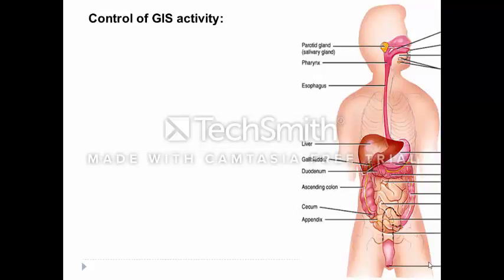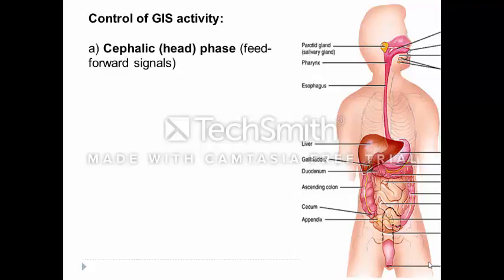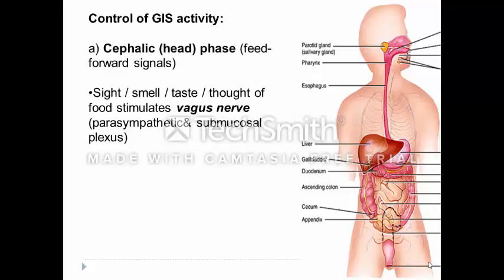We will now consider the control of the GI system, and this occurs in 3 phases. Cephalic, or the head phase, which is feed-forward signals. The sight, smell, taste or thought of food stimulates the parasympathetic nervous system via the vagus nerve, as well as the submucosal plexus.